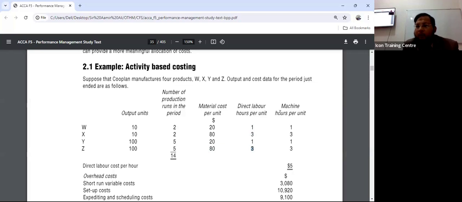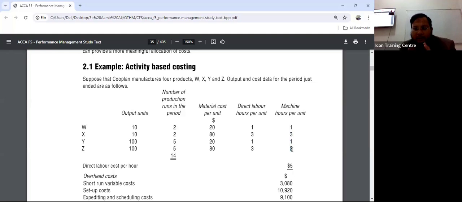And again, how many hours are required for the machine to work to produce 1 single unit? For W, we need to work only 1 machine hour. For 1 unit of X, 3 machine hours. For 1 unit of Y, 1 machine hour. And for Z, per unit, 3 machine hours.